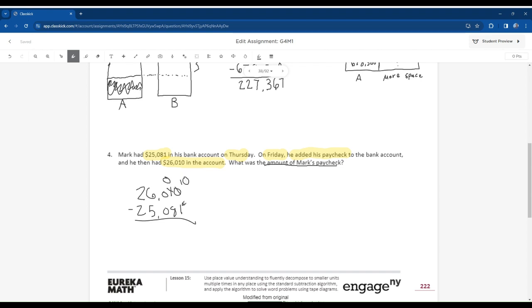Regroup. Need to regroup here. Two, 9, 0, and 0. So $929. Again, just use that tape diagram. $26,010 is the total, the amount that was already in his account is $25,081, and this would be his paycheck.